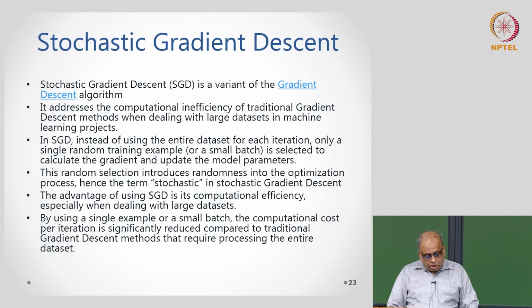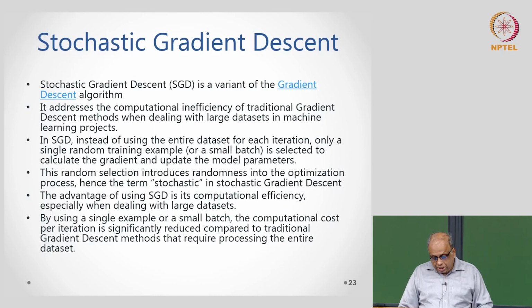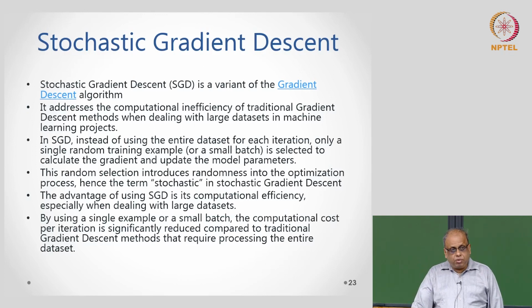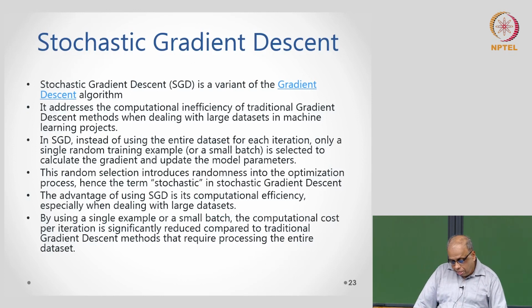And therefore it is called stochastic. Stochastic means it is random. This random selection also introduces randomness in the optimization process. So stochastic descent is much more computationally effective.